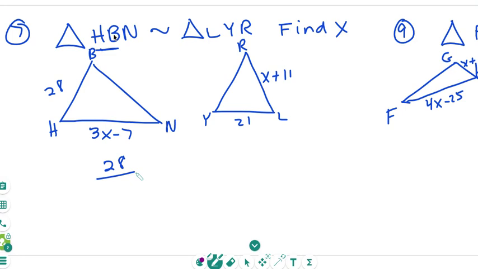And the corresponding part would be LY, which is going to be 21. And then I'm going to use HN, which is going to be 3x minus 7. And that similar part would be LR, which is going to be x plus 11.